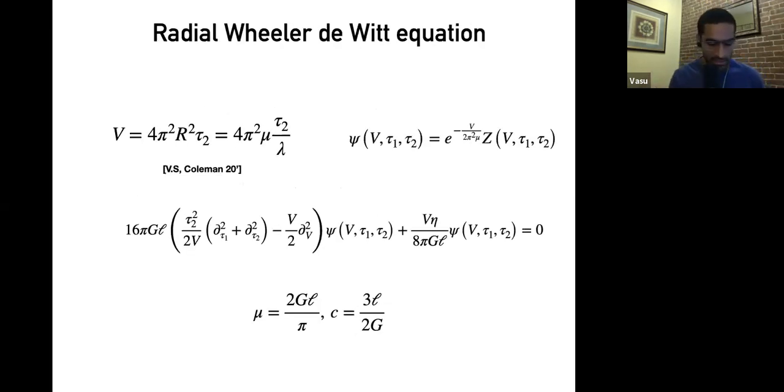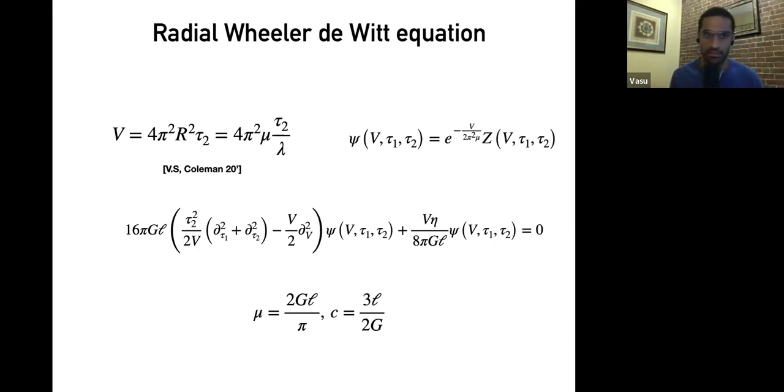So the link now to the bulk is, in a sense, very simple. All we need to do is change variables from lambda, which is this -1, -1 modular form, to V, the volume of the torus. As I mentioned before, I'm measuring the deformation parameter in units of the radius of the cylinder or the torus.